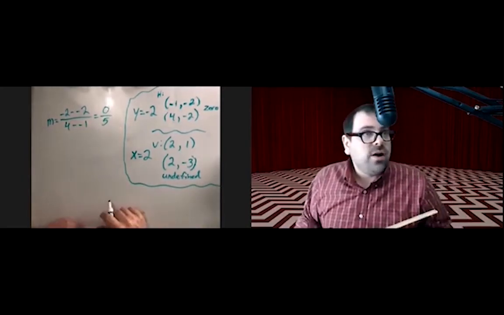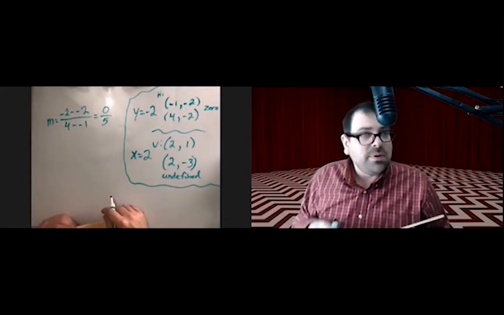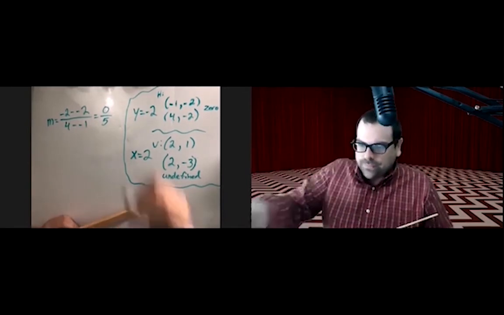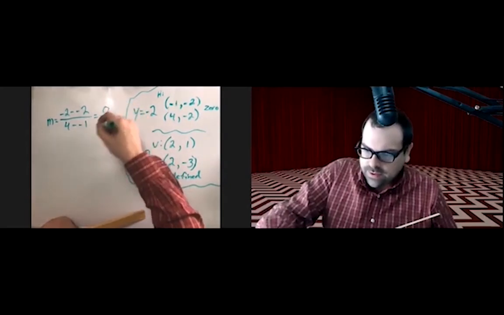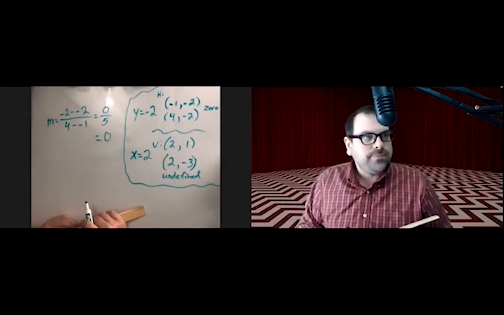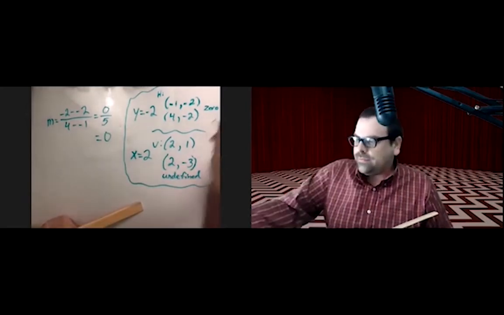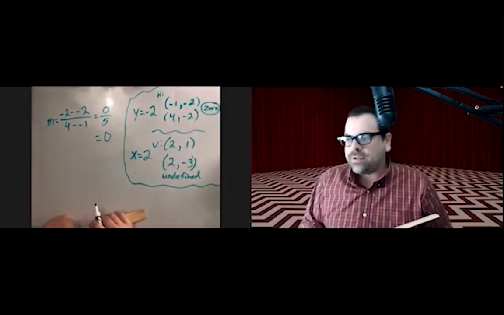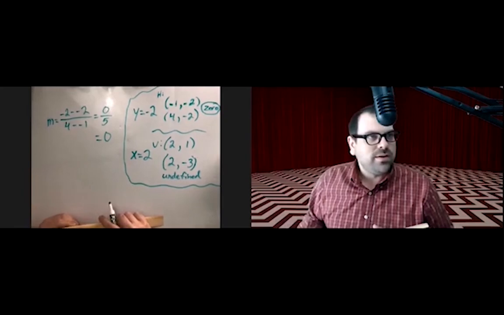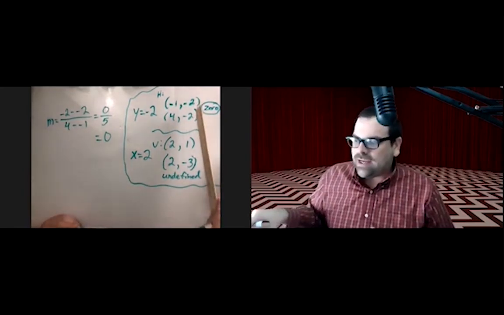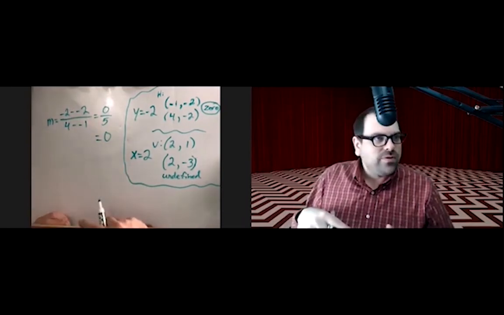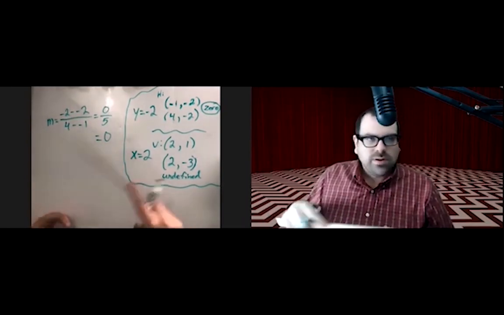It doesn't matter what non-zero number is on the bottom, because we can't have 0 on the bottom of a fraction. We get an answer of 0. So a horizontal line has 0 slope, because when we do the slope formula, since the y's are the same, that means we're subtracting something from itself on top, and we get 0.